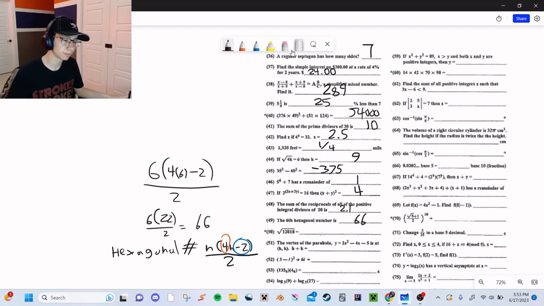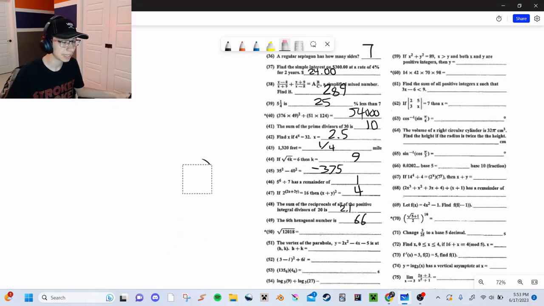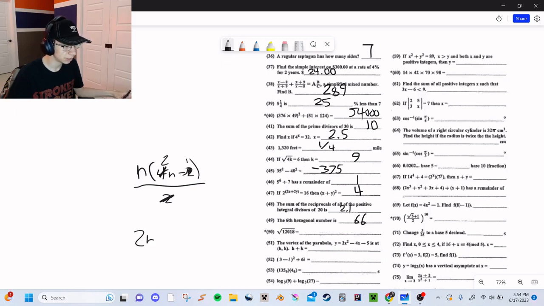Though, this hexagonal number formula, you can memorize it another way. The way I usually do hexagonal numbers is because I can cancel out a factor of 2 here, and this just becomes 2n squared minus n. I plug in 6, I get the same answer.